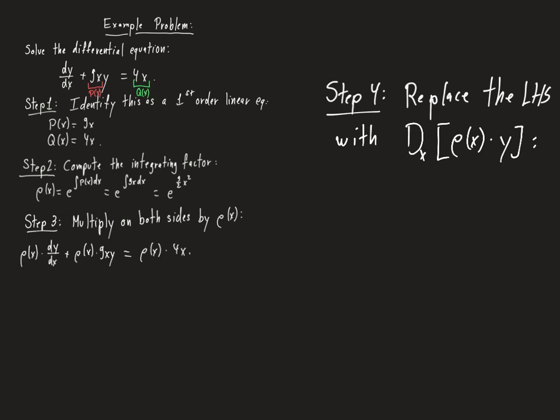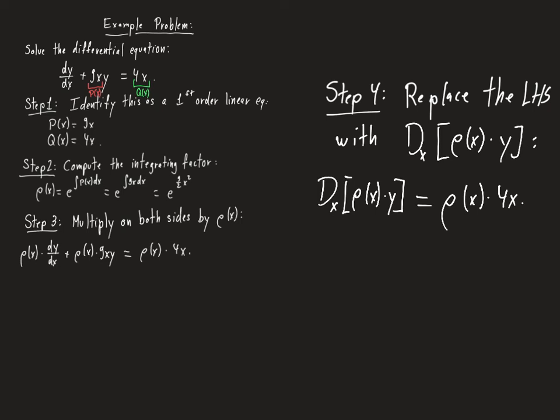And when we do this, we're going to see that we'll have on the left-hand side exactly what I just wrote, the derivative with respect to x of rho of x times y. And the right-hand side stays exactly the same. Our right-hand side was rho of x times 4x. Okay.